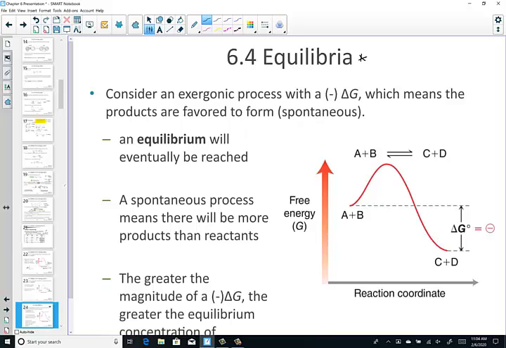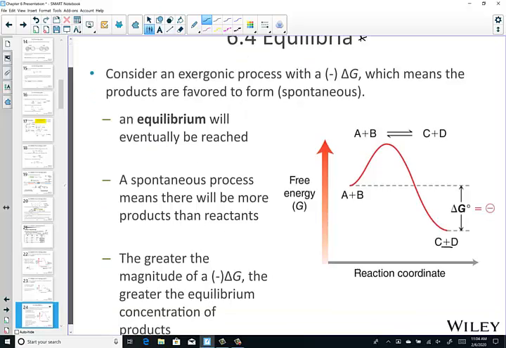Alrighty, so let's consider a little bit more about equilibrium. And I know you spent a great deal of time on equilibrium in Gen Chem 2, at least 3 chapters worth. So let's consider a negative delta G, which means the products are being favored. All right, so the equilibrium will eventually be reached with the greater magnitude of negative delta G, the greater the concentration of products.